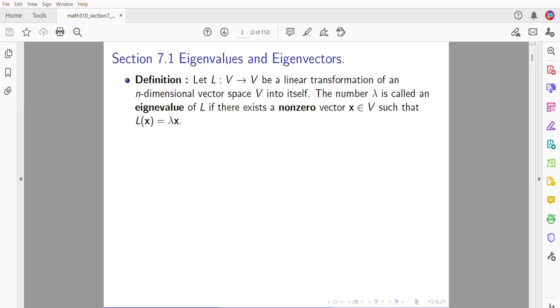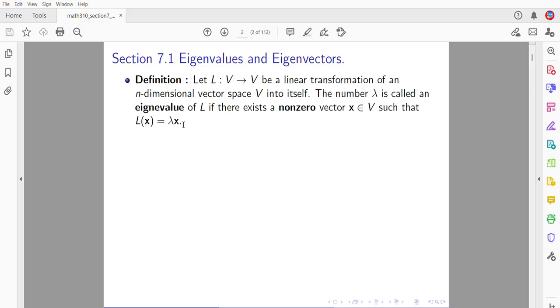Definition. Let L from V to V, notice the same vector space, be a linear transformation of an n-dimensional vector space V into itself. The number lambda is called an eigenvalue of L if there exists a non-zero vector x in V such that Lx equals lambda x.